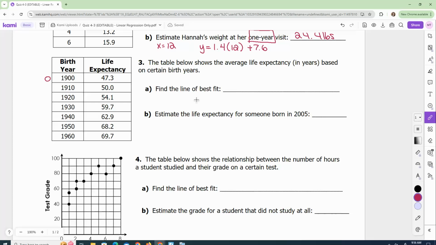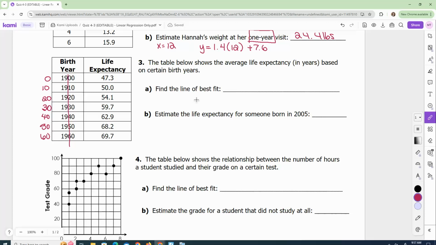This would be 0. So if 1900 is year 0, then 1910 would be 10, 1920 would be 20, 30, 40, 50, 60. On the quiz, you will probably have one like that. Make sure you are writing in what you're doing for your X values.